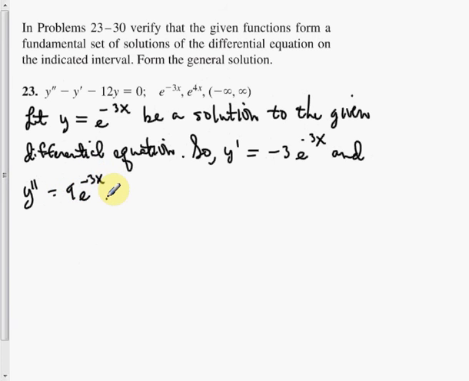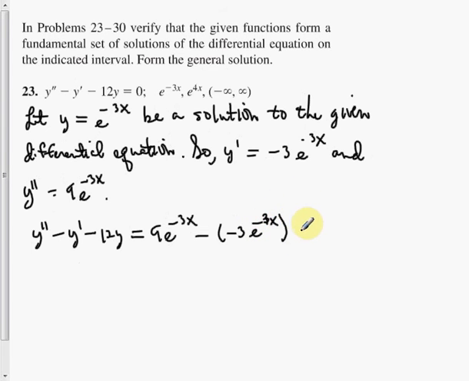So we just substitute now. We have y double prime minus y prime minus 12y. That's equal to y double prime, 9 times e to the negative 3x, minus y prime, in parentheses negative 3 times e to the negative 3x, minus 12 times y, which is e to the negative 3x.